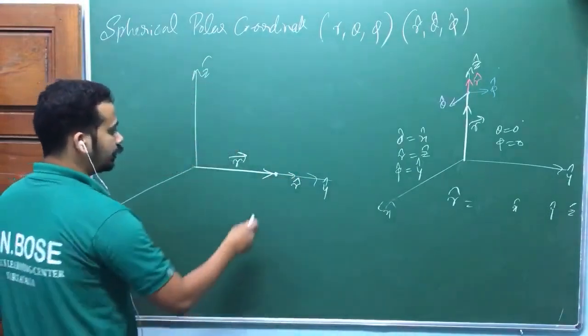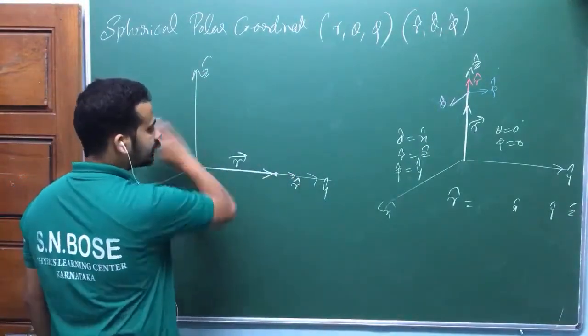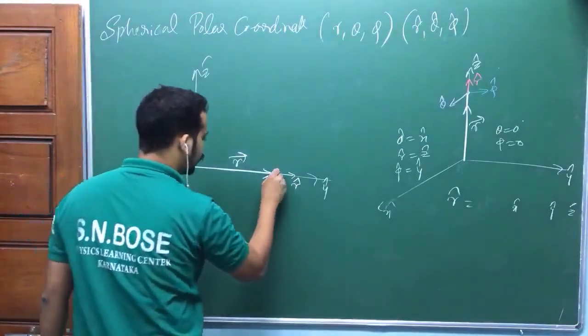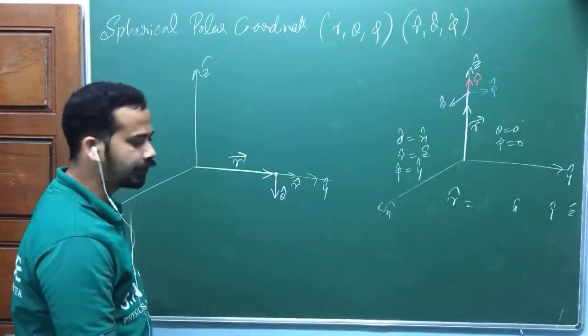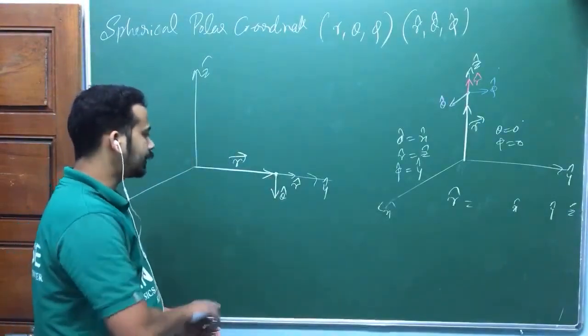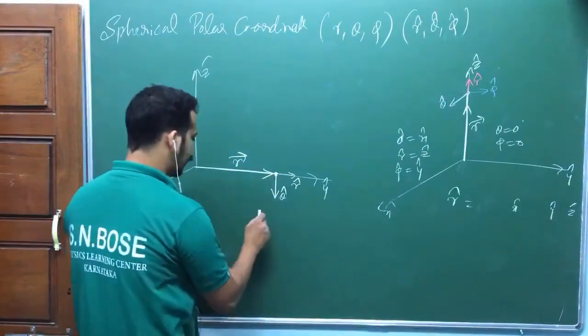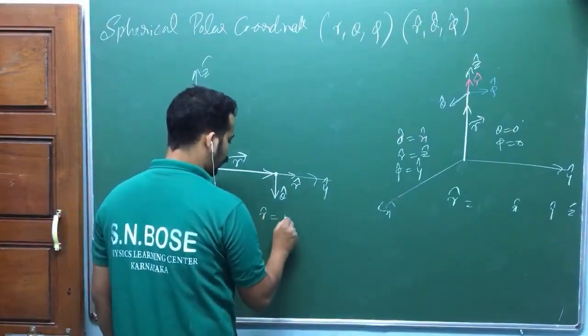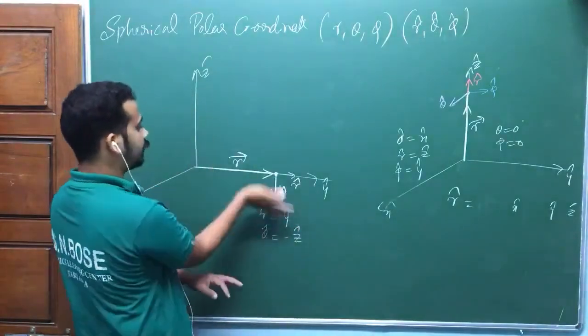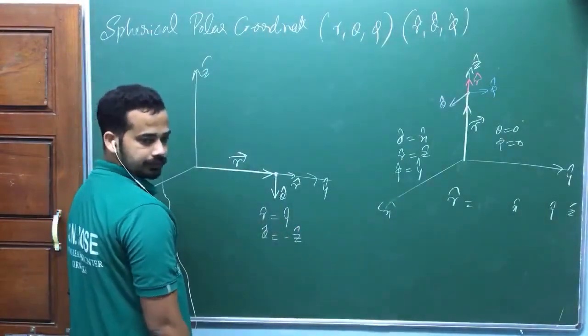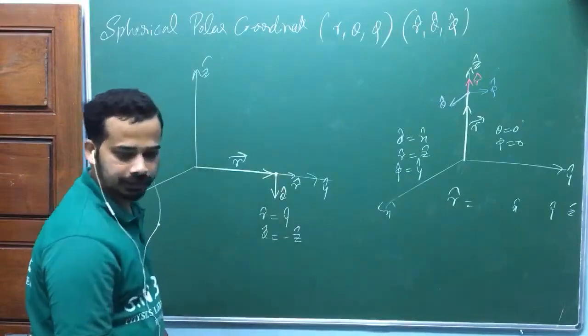Now I said to define the r cap and z cap plane, that is the zy plane itself, and your theta cap is like this. Is that okay? Now obviously r cap is along y cap, theta cap is along minus z cap, isn't it? Can you just imagine this is a plane, am I right? Theta cap is along minus z cap here.